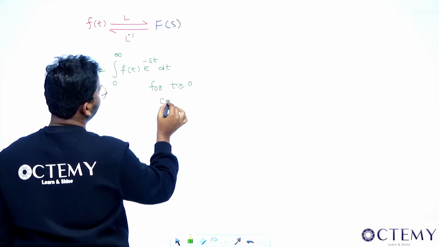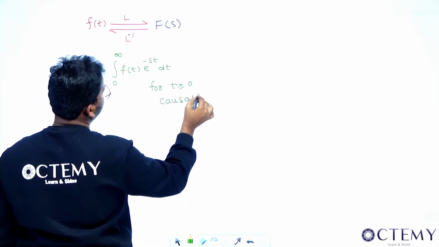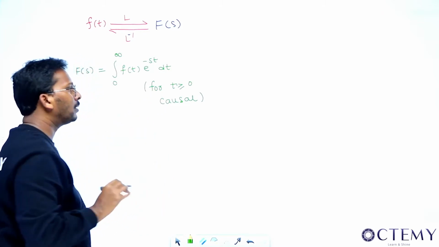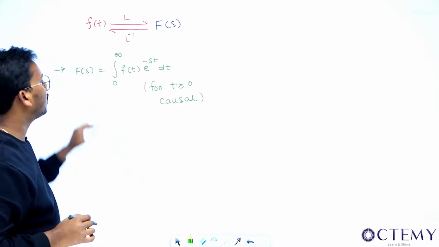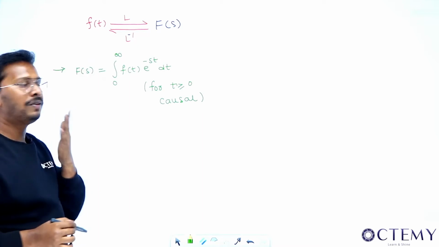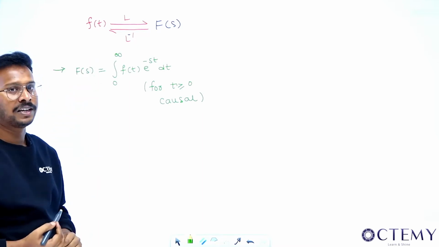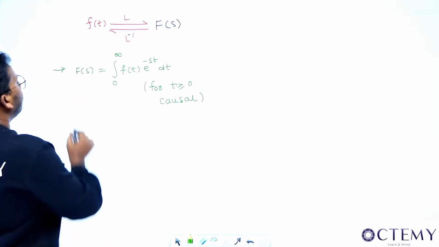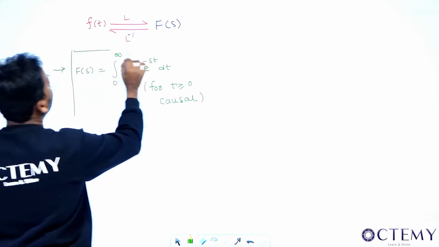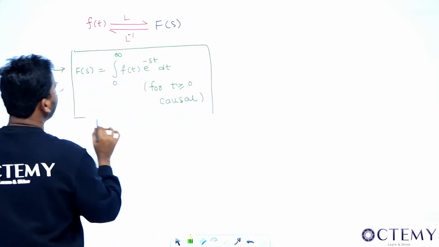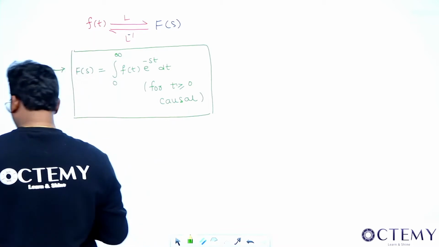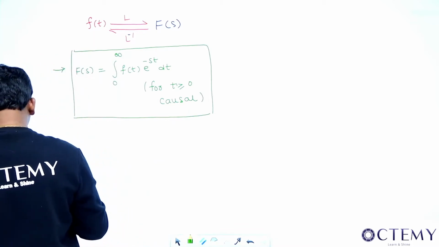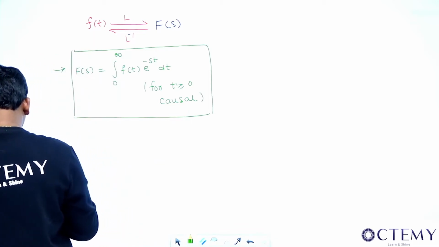The problems we will study in control systems will be causal, so we will take 0 to infinity; otherwise we have to use minus infinity to plus infinity. This is the formula I will use to convert a time domain signal into a frequency domain signal.